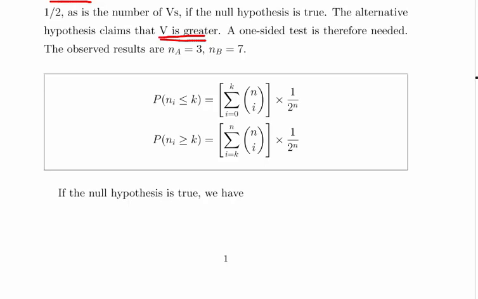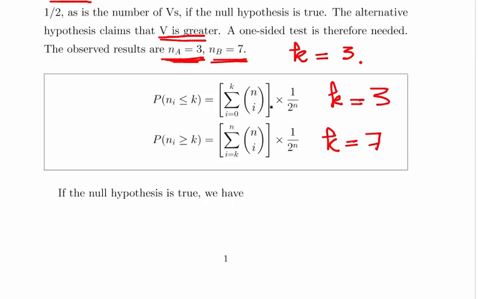Here it doesn't really matter which one we use, because A equals 3 or V equals 7. So we can let K equal 3 and use N less than or equal to K, or otherwise K equal to 7. We should get the same p-value in each case.